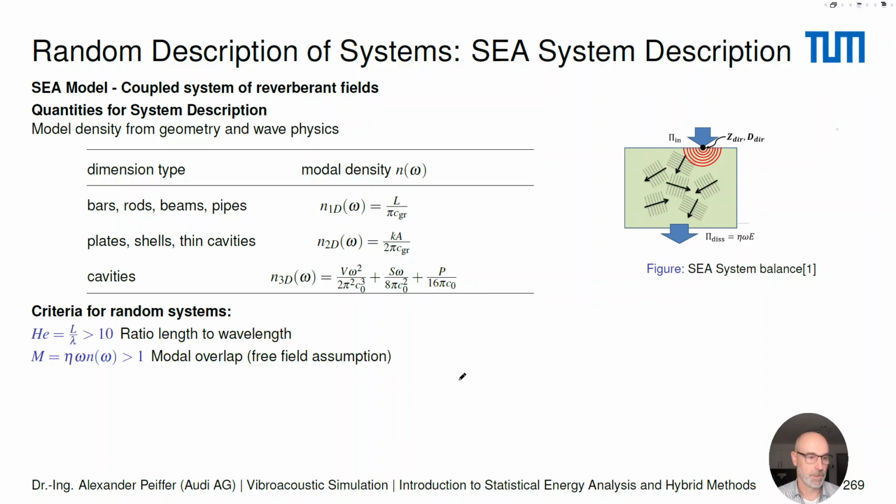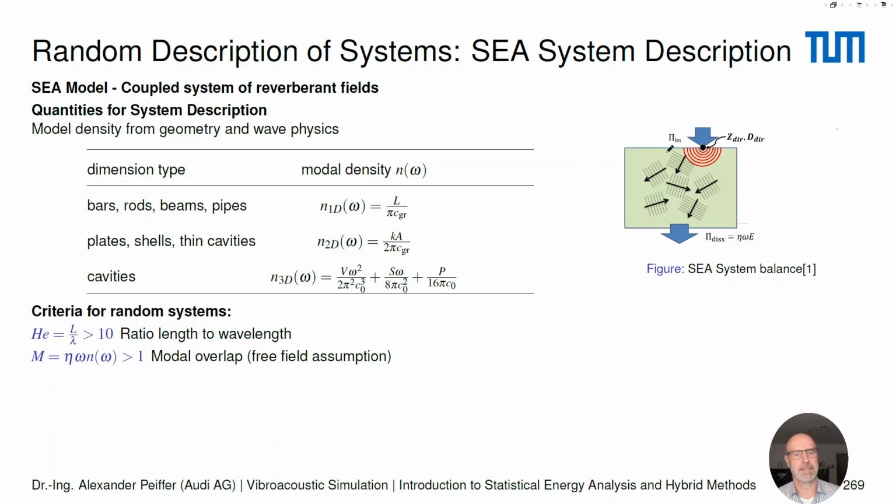Good. So also very important is the criteria for a random subsystem, and here the so-called Helmholtz number is quite important, because that's the ratio of the dimension of a subsystem to the wavelength. And just to give you a very rough feeling, it should be greater than 10.